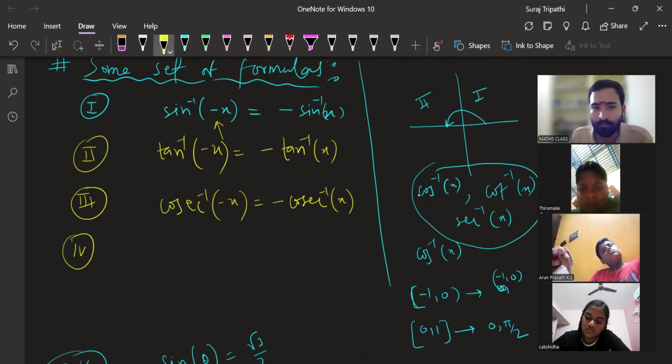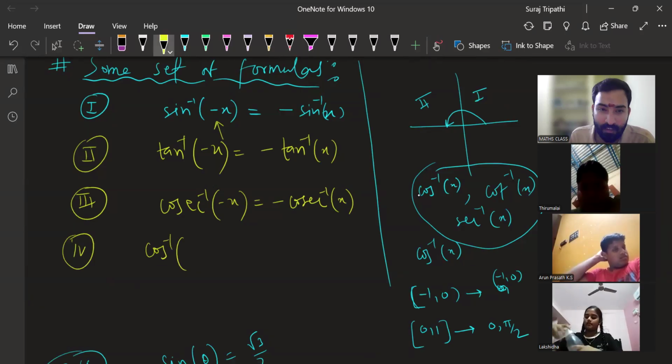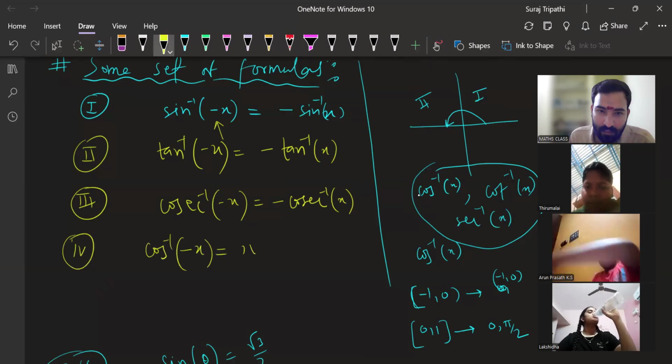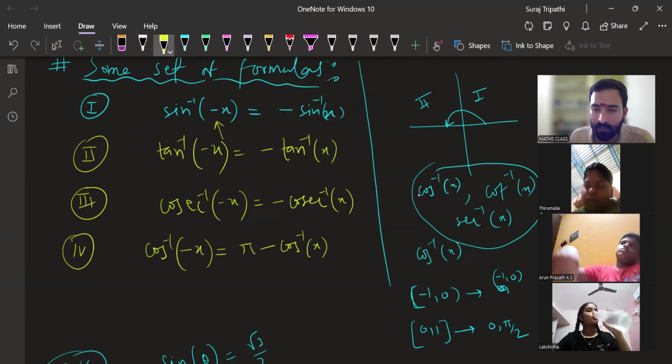Next one, if cos inverse of any negative value is given, you can write this as pi minus cos inverse with positive x.